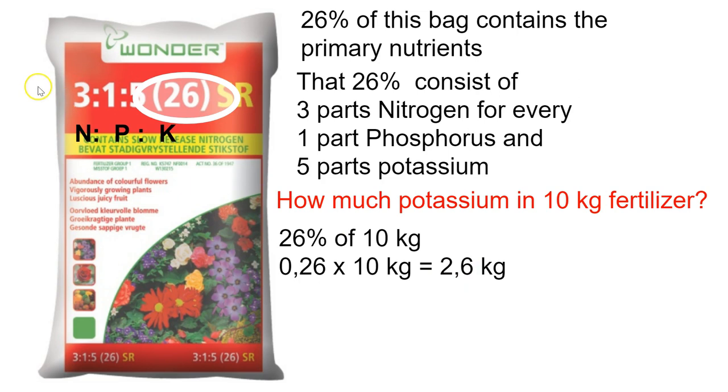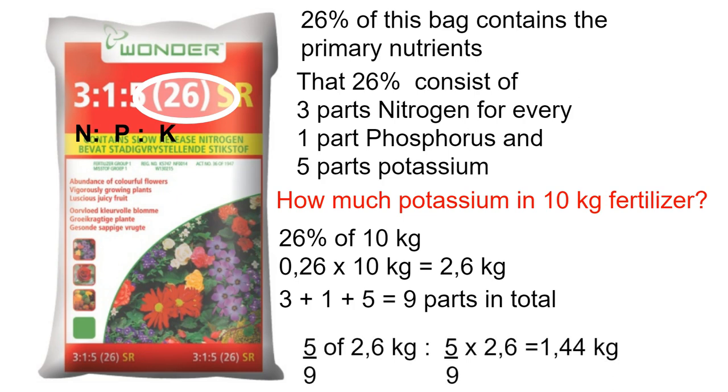That 2.6 kilograms can be divided in 3 plus 1 plus 5, which is 9 parts. Of these 9 parts in total, 3 parts will consist of nitrogen, 1 part will consist of phosphorus, and 5 parts will be potassium.